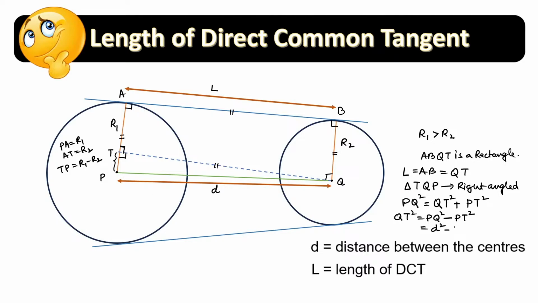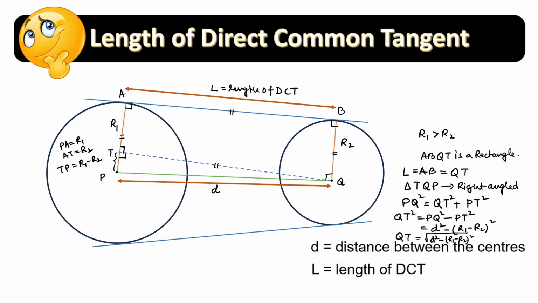Therefore, PT square will be R1 minus R2 whole square. Therefore, QT comes to what? QT is coming to under root D square minus R1 minus R2 whole square. And QT is same as your AB, which is nothing but your L, and L is nothing but the length of the DCT, that is direct common tangent.